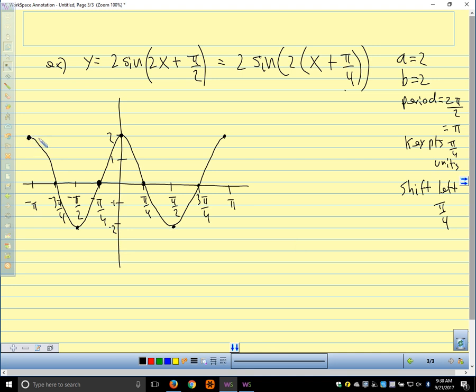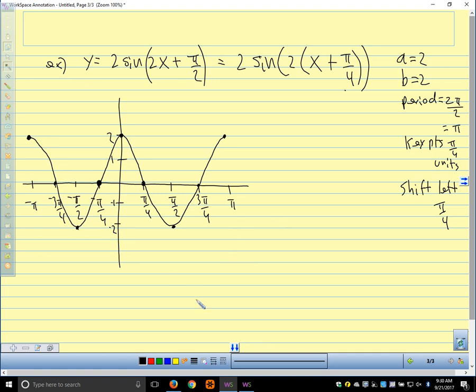What's interesting about this one? It looks like a cosine, but with a period of pi and amplitude 2. So the two graphs are very similar. They're just a shift from each other.